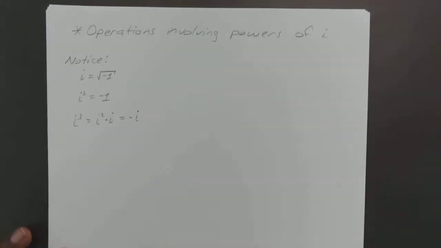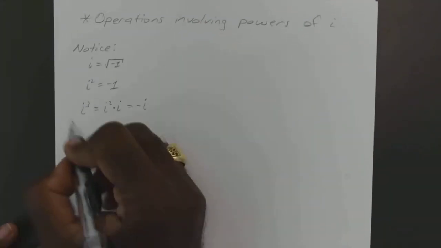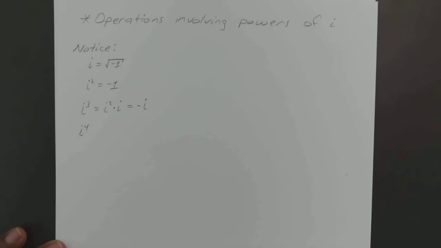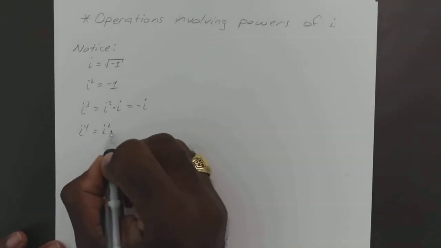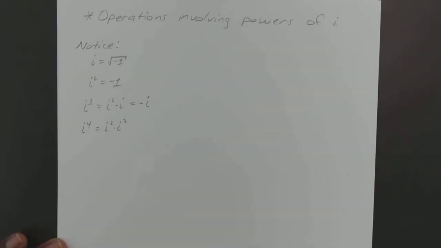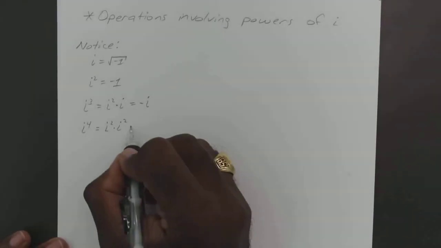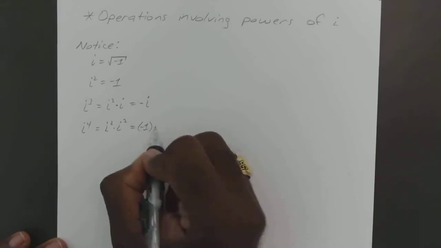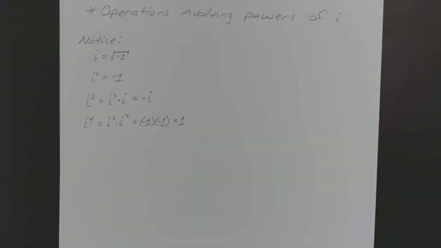So you have negative I. So what about I to the fourth power? That's just going to equal I squared times I squared, which is -1 times -1, which is just 1.